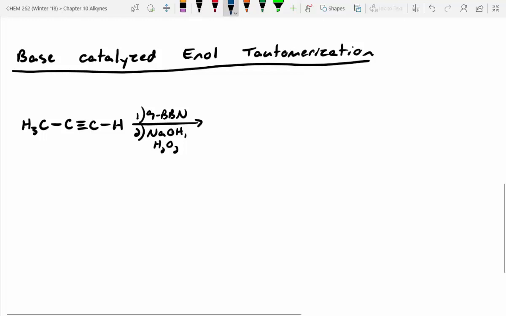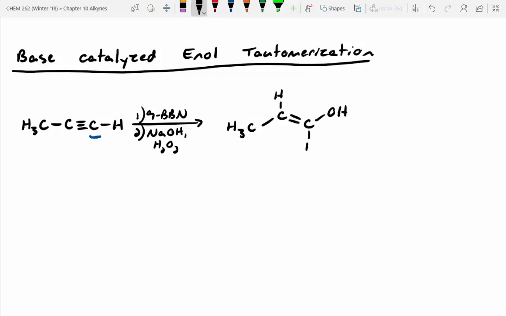We know it's going to favor the less substituted carbon that I've underlined with blue. So we'll get an alcohol coming off there. And like we said, this is called an enol because it's half alkene, half alcohol. So merge those two together and you've got an enol.